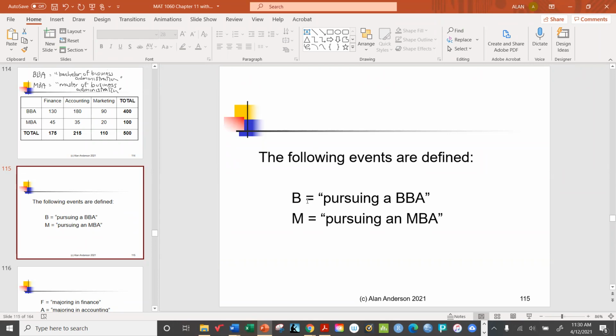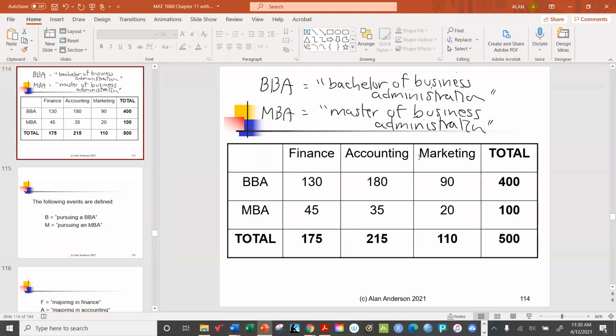Now we also want to do the same thing with the majors, but we do run into one hiccup here. I can call finance F and I can call accounting A. I can't call marketing M because M is already taken over here with MBA.